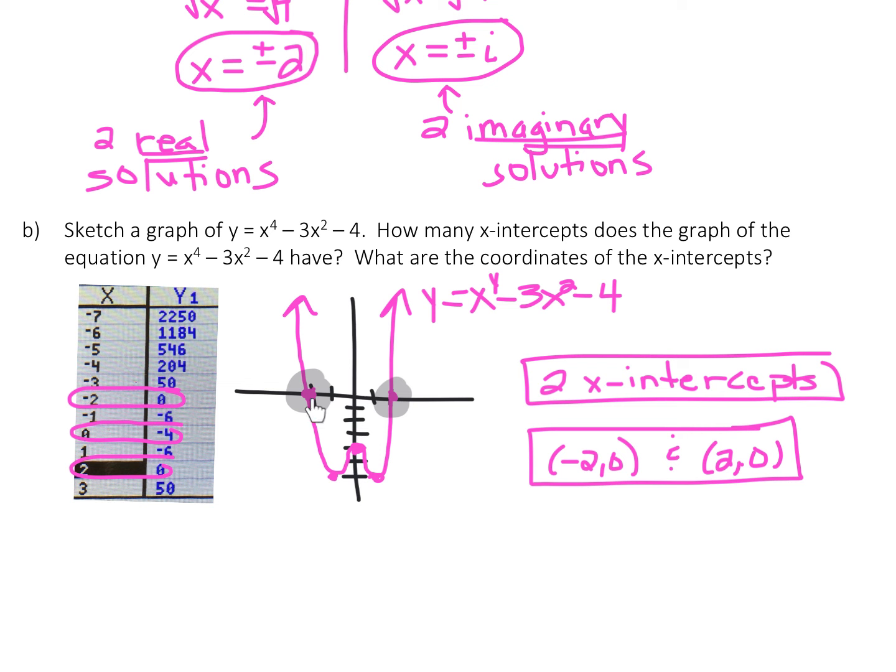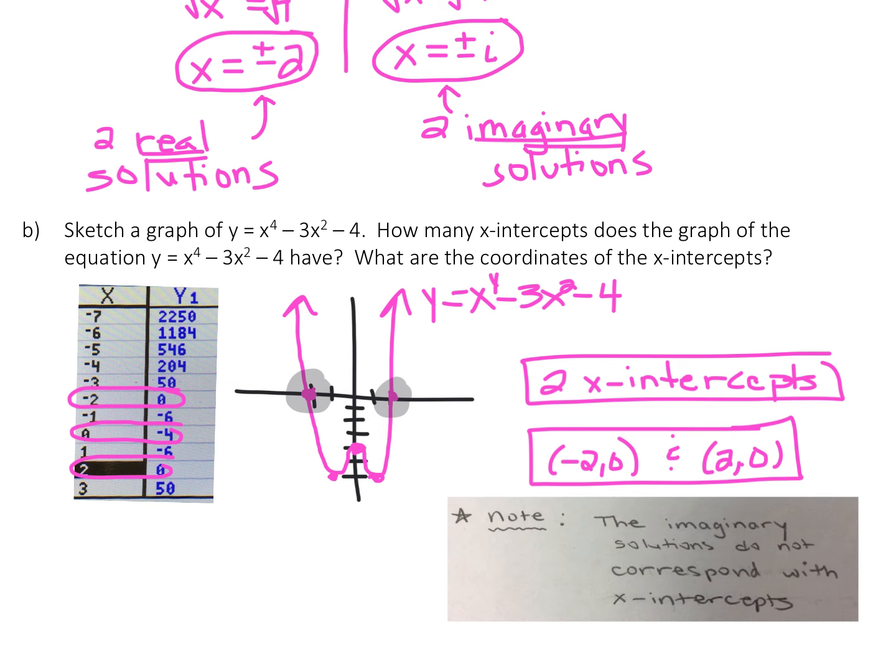Don't those real solutions correspond with our x-intercepts? The imaginary solutions, although they are solutions to the equations, do not correspond with any sort of x-intercept. So something I want you to make a note of is the imaginary solutions do not correspond with the x-intercepts. Only the real solutions do. And that's going to help us with part C.